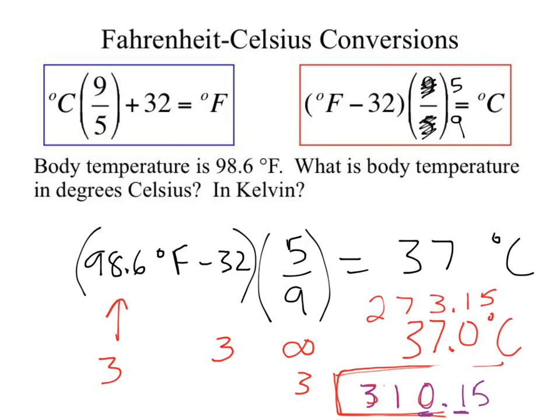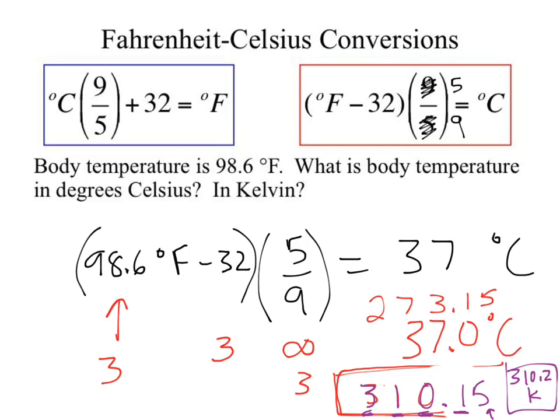Our tenths place. So just be like 310.2. So 310 point, why did you say 0.2? You're right. For sig figs, we go to our first insignificant number, which happens to be 5. So we round up, and our final answer would be 310.2 Kelvin.